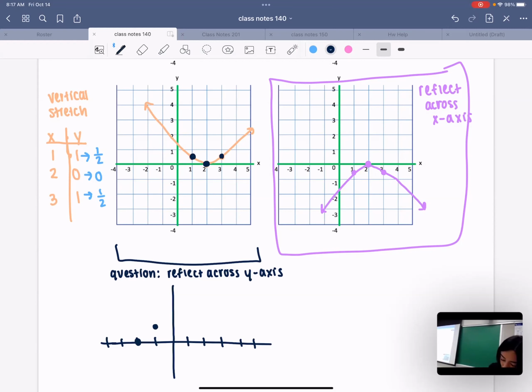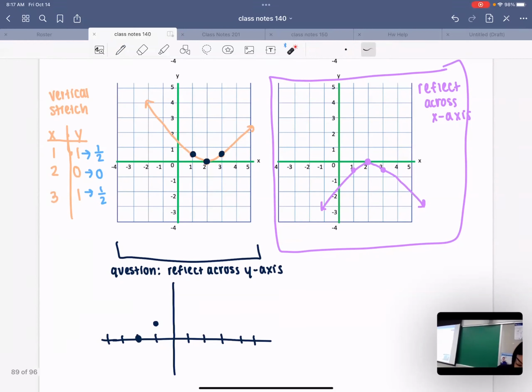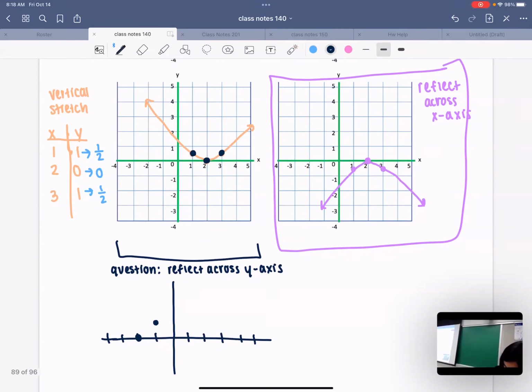Finally, 3 1/2 is 1, 2, 3 blocks away from the y-axis on the right. So if I were to reflect it, it would go 1, 2, 3 blocks to the left of the y-axis. So we would actually have a point at negative 3 1/2.